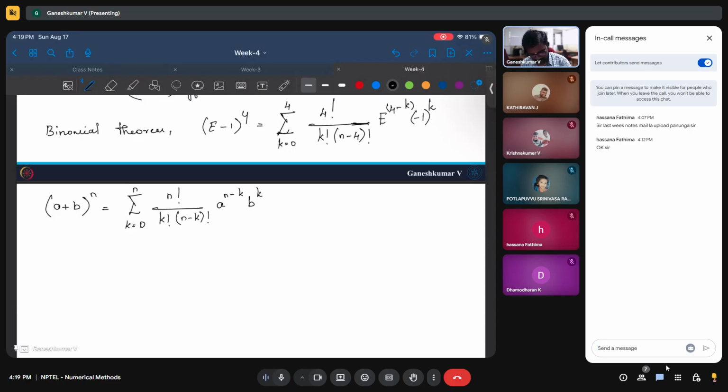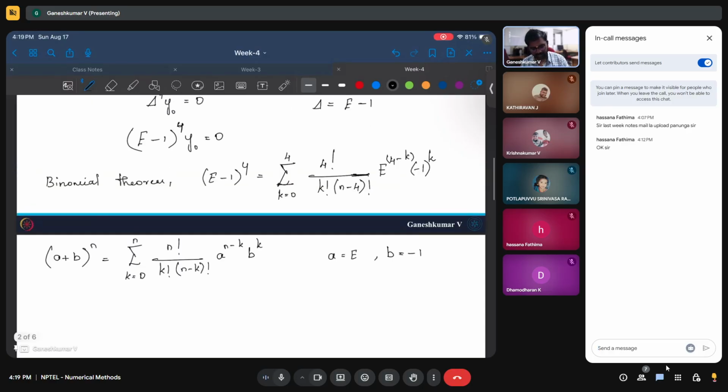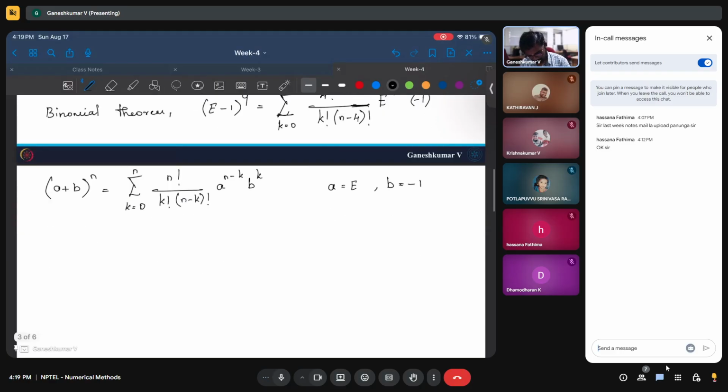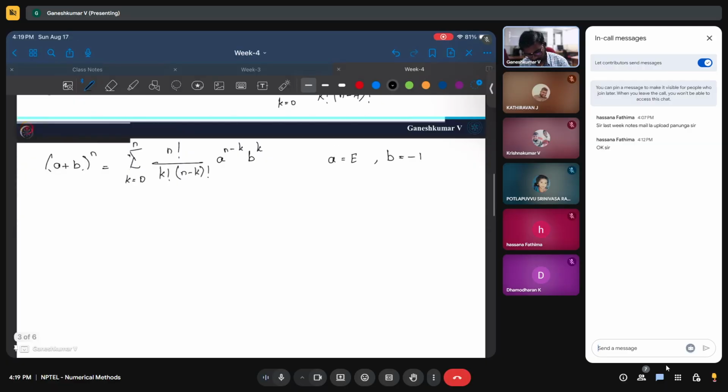Here I am taking a to be e and b to be minus 1. So this will easily expand your polynomial (e − 1)^4. Okay, this is the binomial theorem. I hope you guys already know.